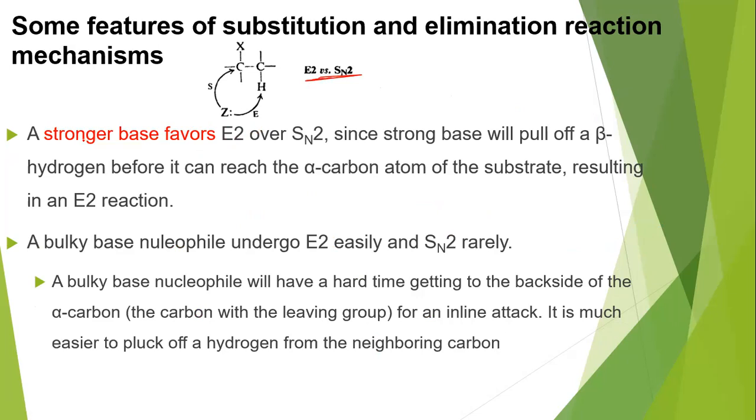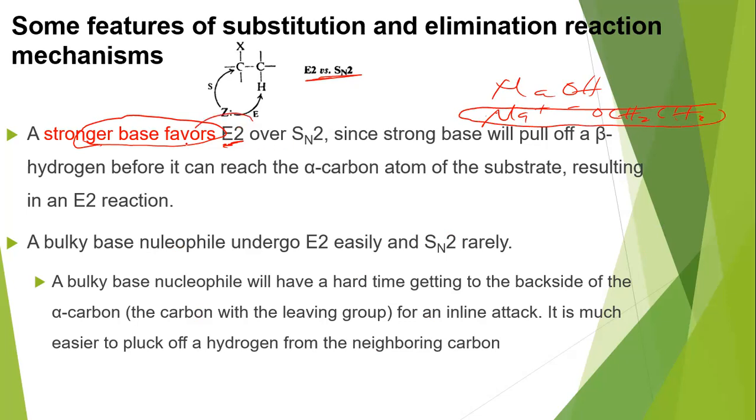So we are saying that a stronger base will favor E2. So if I use sodium hydroxide and then another person uses sodium ethoxide, right? The one who used sodium ethoxide, good, is using a stronger base, and then that person might have E2 forming.